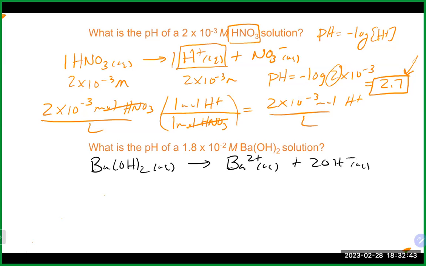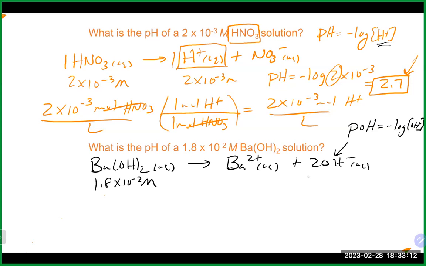In this case, we do not have the H plus concentration, but we do have the OH minus concentration, which means it would make sense to first calculate the pOH, not the pH. We do need to get the correct concentration for the OH minus. Since this is 1.8 times 10 to the minus 2 molar, what would be the hydroxide concentration?